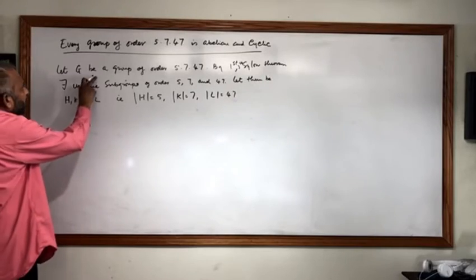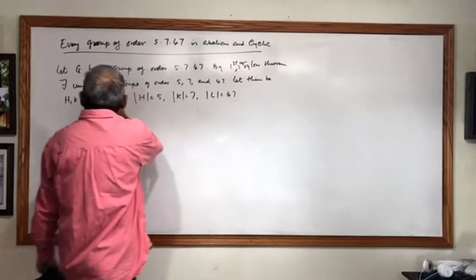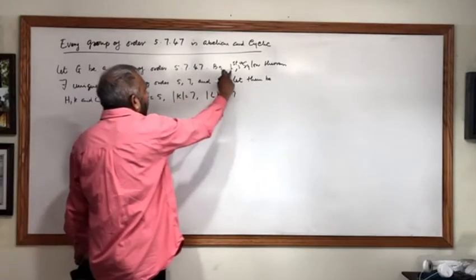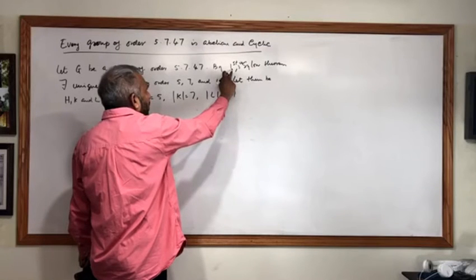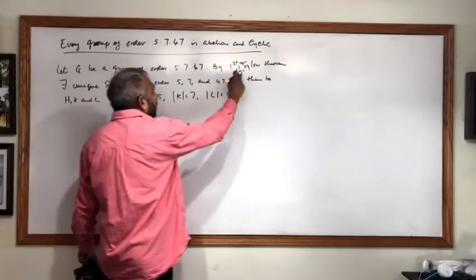The reason for the existence of subgroups is coming from the first theorem. Uniqueness is coming from the third Sylow theorem.